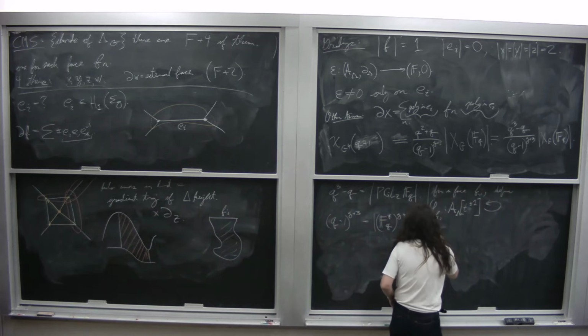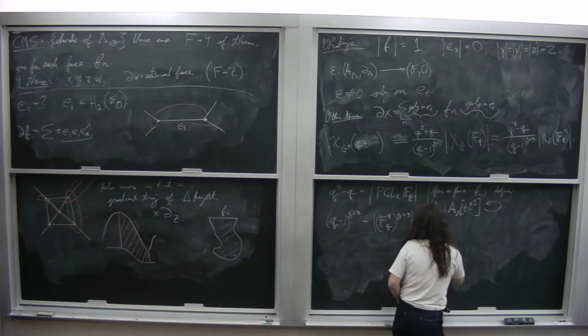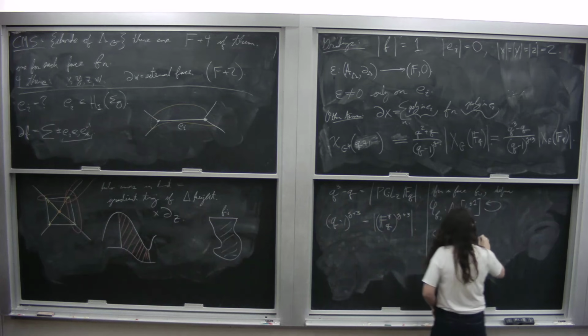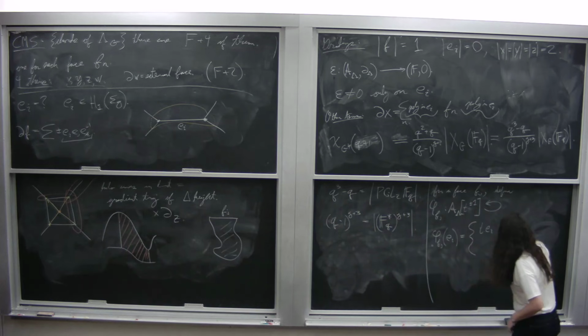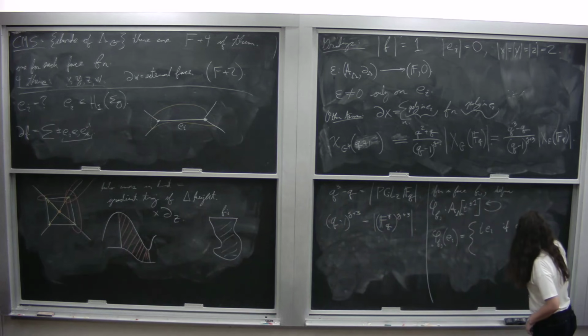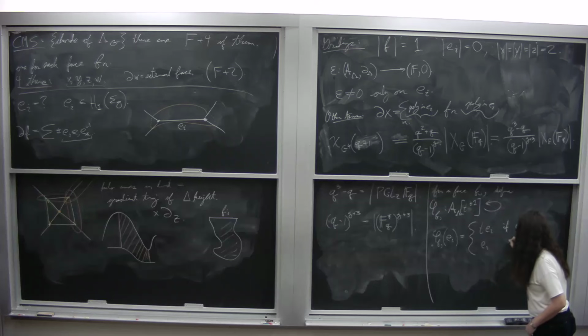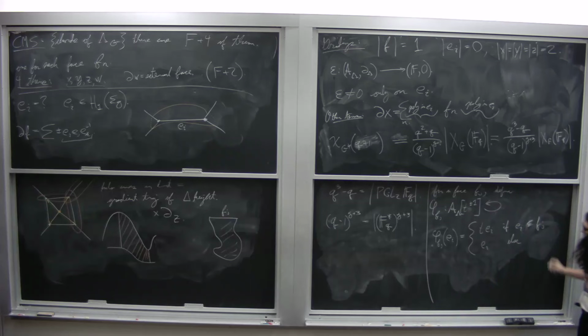And so I'm going to define phi fj of ei is equal to t ei if ei is contained inside of fj, and it's just ei else.